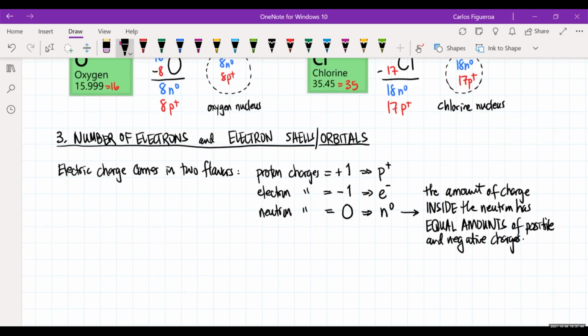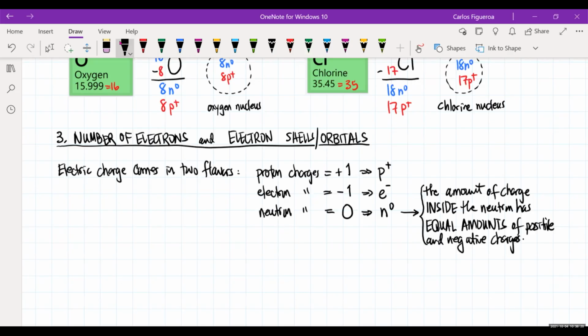So when you look inside the nucleus here, you look inside the neutron, it does have positive charges and it does have negative. So most things in nature that are neutral is because they have equal amounts of positive and negative charges. And remember what I said, it is really, really rare when you get objects that are literally chargeless. Very, very rare. Okay, let's keep going.